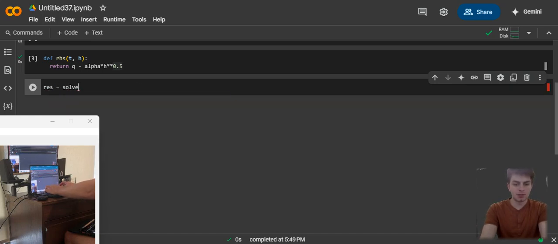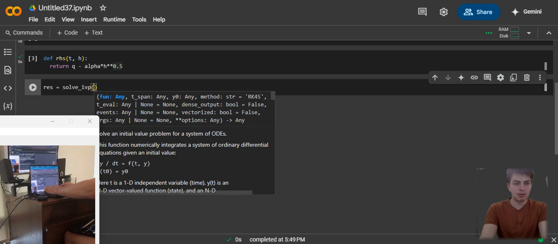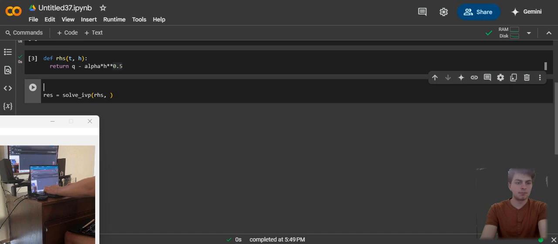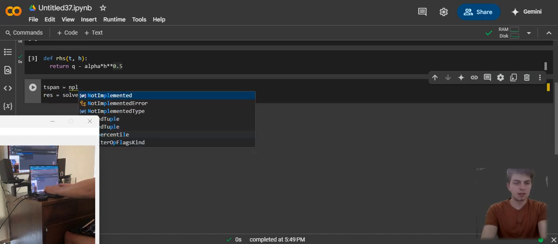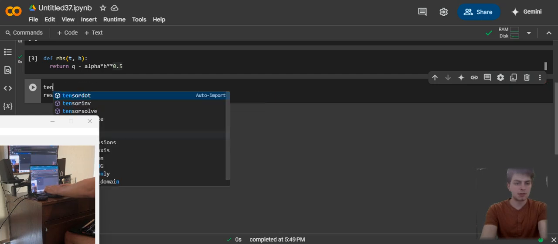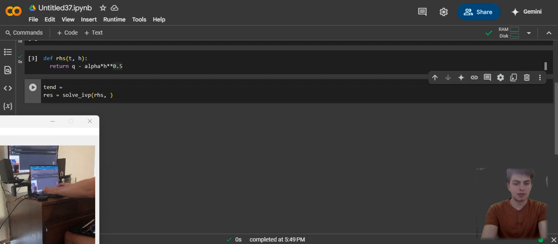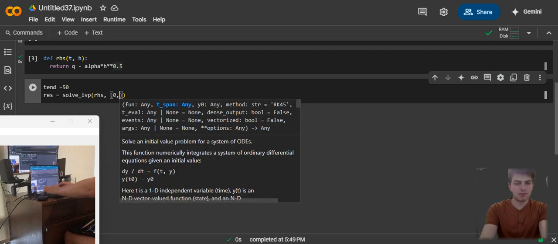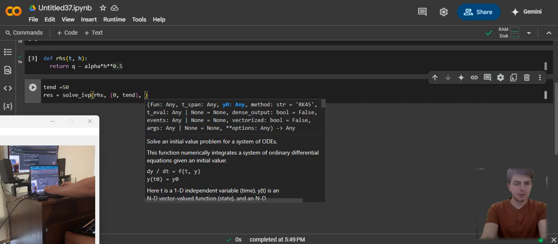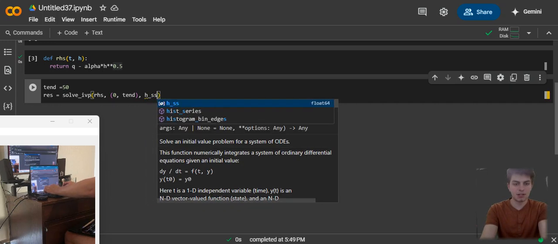Res should be solve IVP, right-hand side, time span. Let's go ahead and define a time span as a linspace here. Actually, just start with the end. Let's say 50. The time span, we can say from 0 to 10. Initial condition here should just be h steady state.